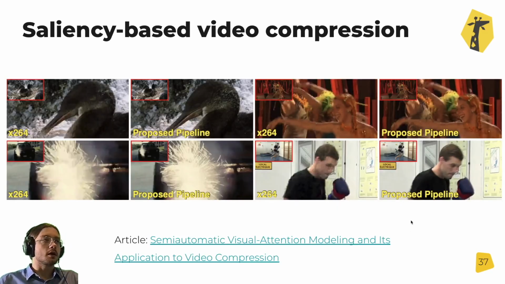Let's move on. Another application of vision system analysis is, for example, video compression. We could compress films and videos uniformly, with uniformly distributed quality. But another way is to use an advanced technique, which consists in decreasing the quality of those parts of the picture where no one looks.